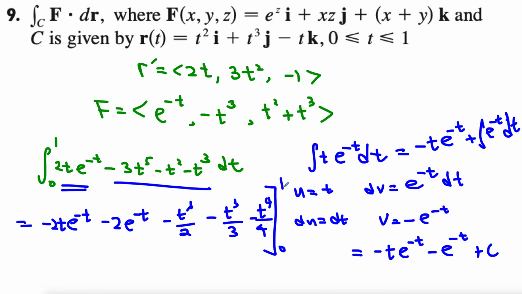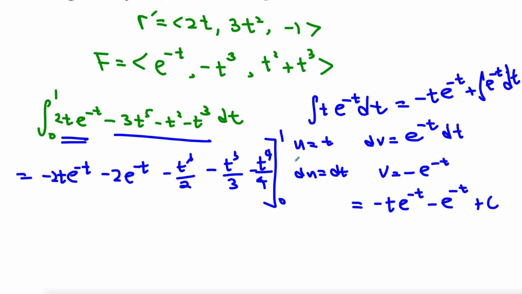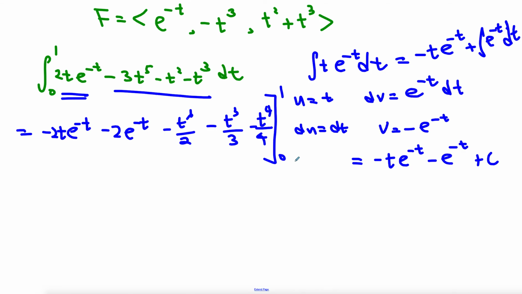That goes from 0 to 1. When I plug in 1, I get negative 2 e to the negative 1 minus 2 e to the negative 1, which I can combine together, minus 1/2 minus 1/3 minus 1/4.